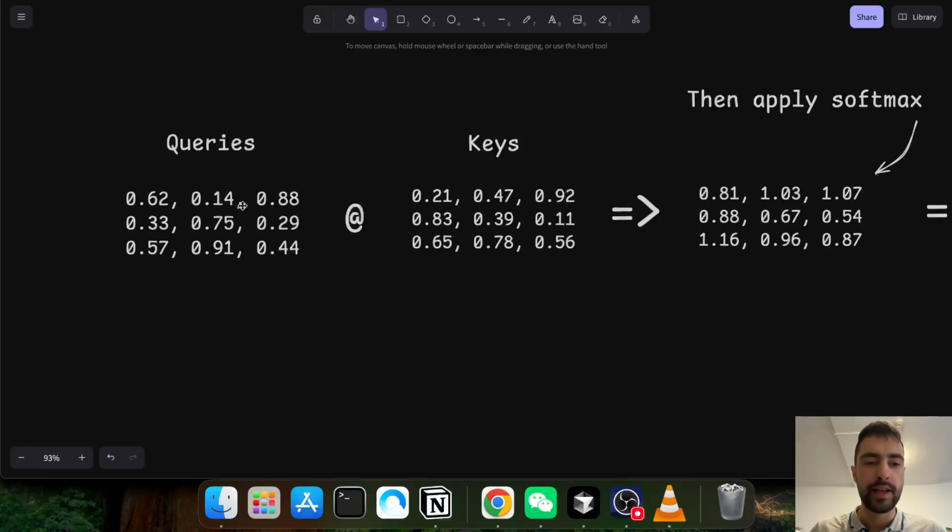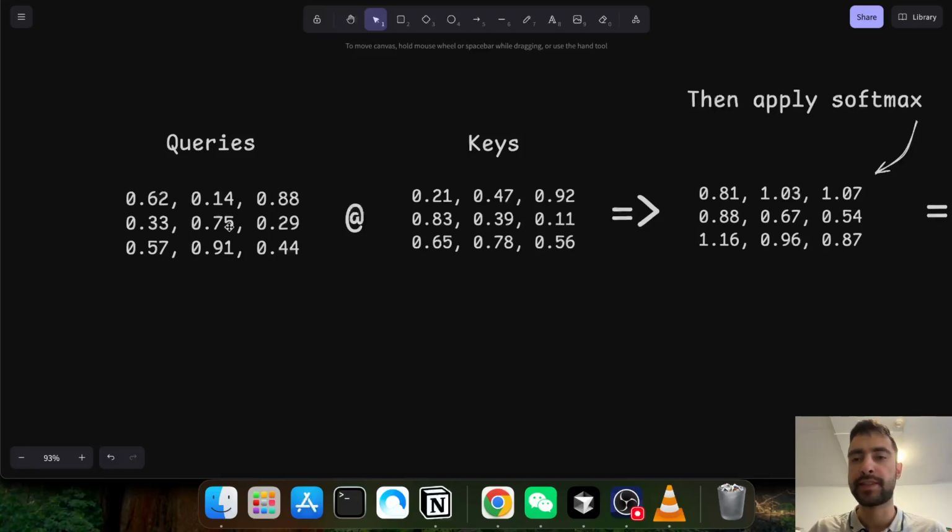Usually those things will be very similar, with very high similarity. Then it would take the query of the second word and check the key of the first word. So how much does the second word find the first word interesting? Does it want to take a lot of context from the first word or not?